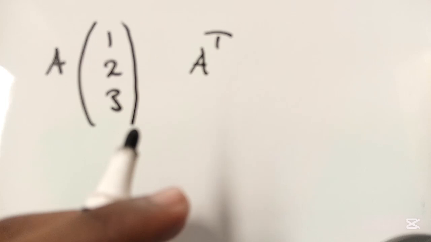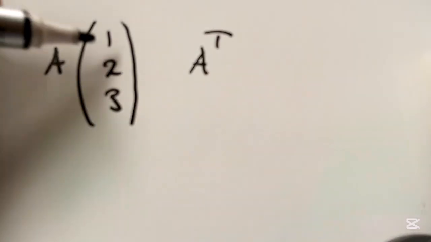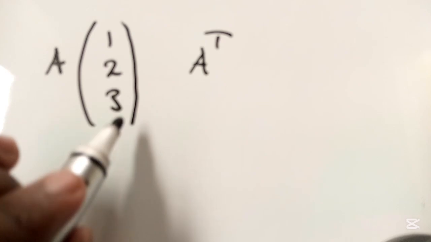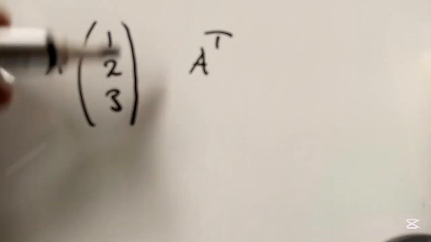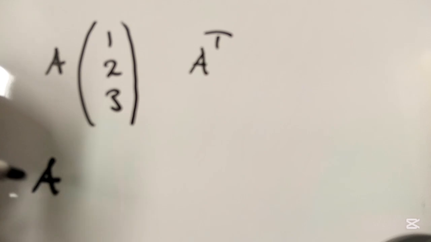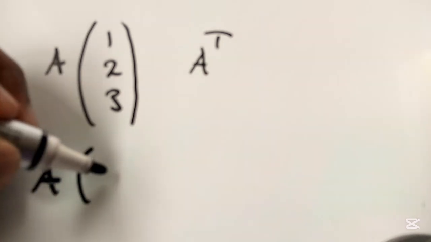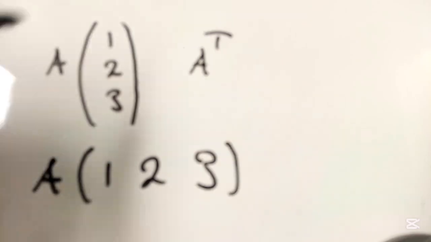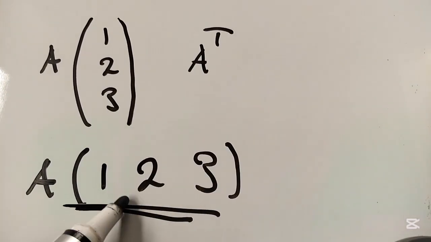We have 1 column and 3 rows. Those 3 rows will now become your columns and the column will become the new row. You just flip it, giving you 1, 2, 3. So that is the transpose of A.